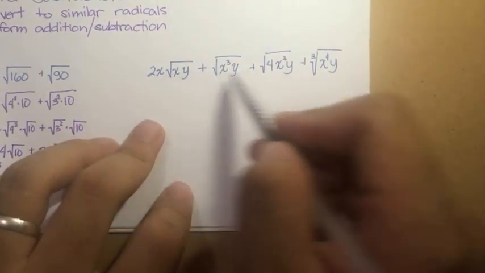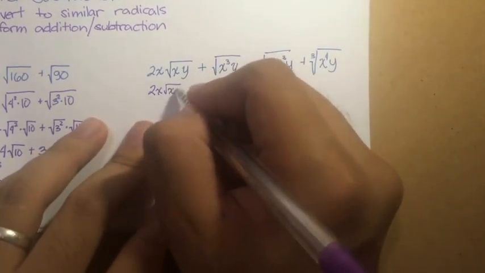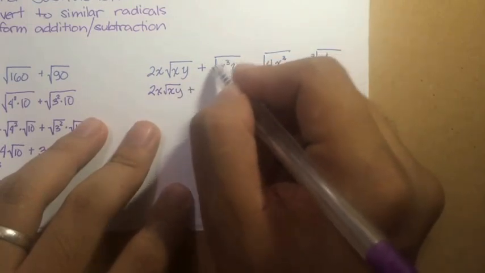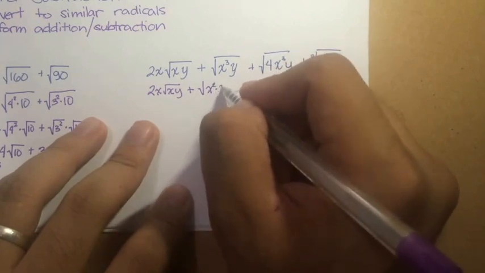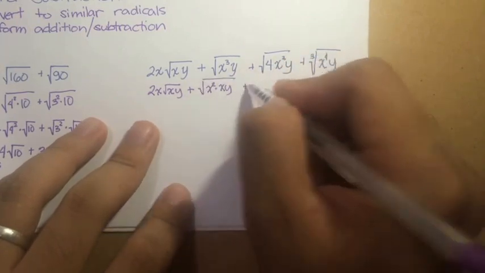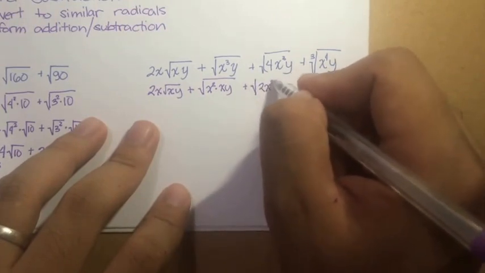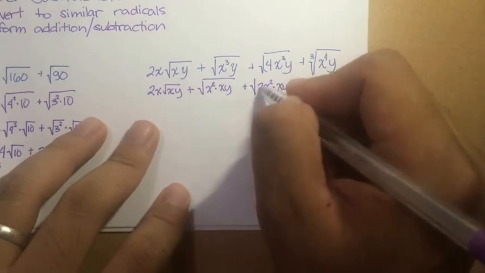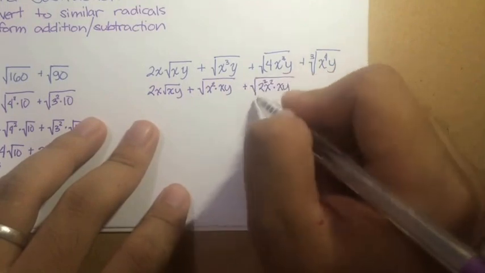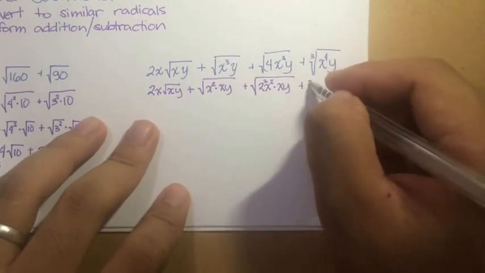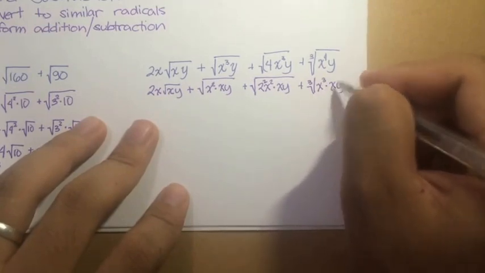Now, I can rewrite this as 2x square root of xy plus, this one is x squared times xy, plus, this here becomes 2 squared, so that becomes 4, times x squared times xy, plus cube root of x cubed times xy.